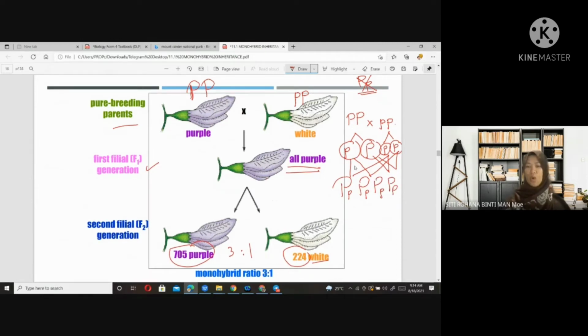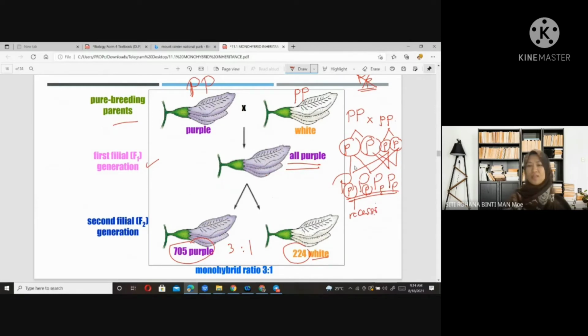Tapi, all F1 offspring are heterozygous. Bukan lagi pure breeding. Heterozygous means that carry hidden allele. Dia bawa allele tapi tidak ditunjukkan. Hidden allele. Recessive allele. Nanti awak akan belajar istilah-istilah ni. Okay. So, only P, the capital P, shown or expressed means that the purple will be expressed in F1 offspring.